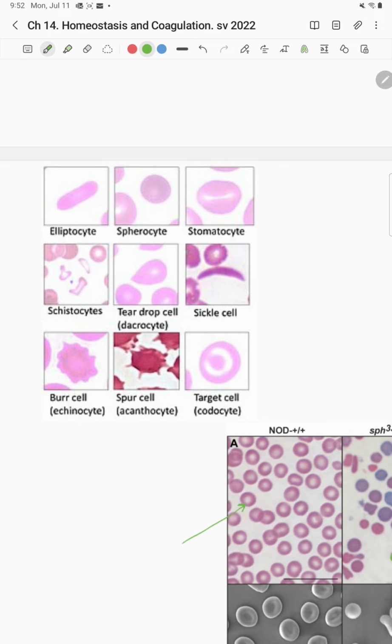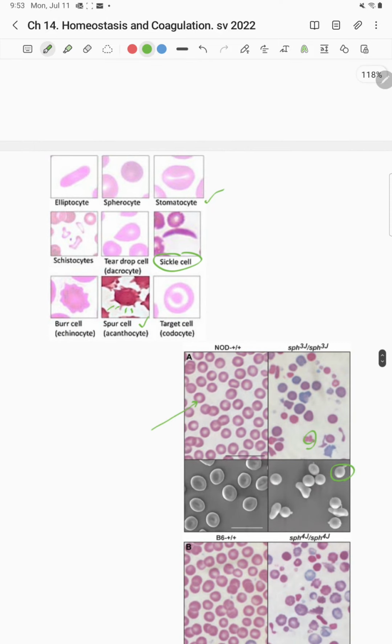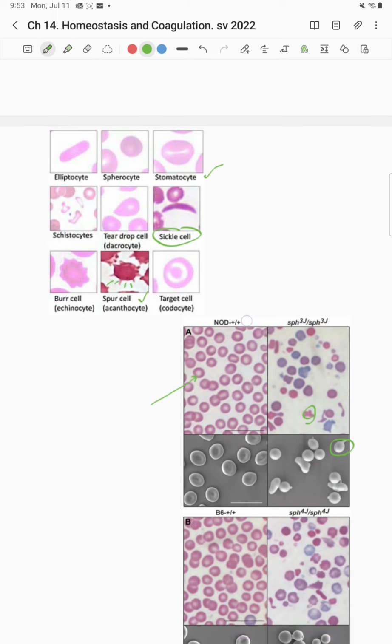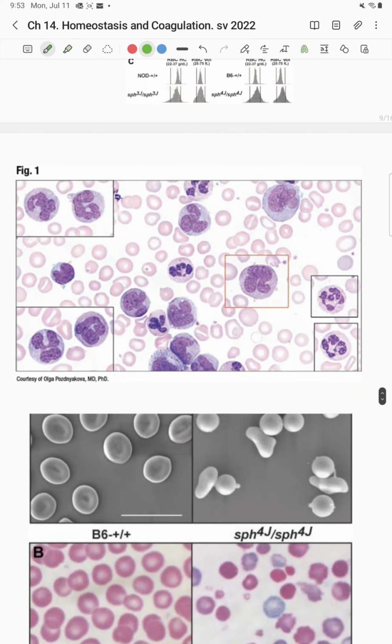They can get into different shapes. Some of the classics would be sickle cell, a stomatocyte, a spur cell with all these spurs coming off of it, and so on. So this would be an example of the morphology and what they look like under a microscope.